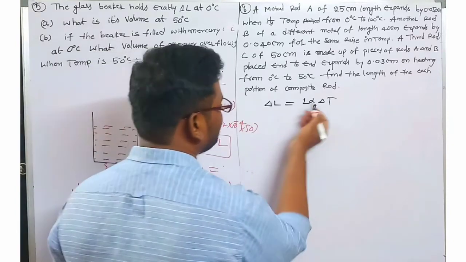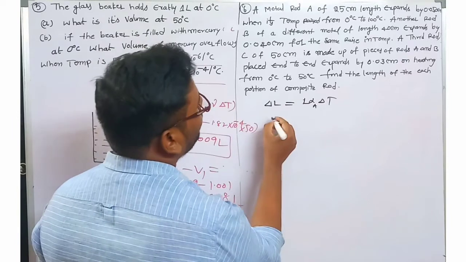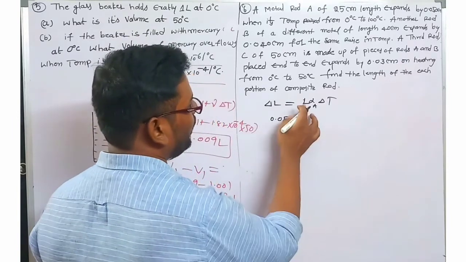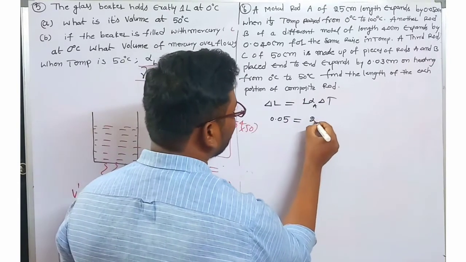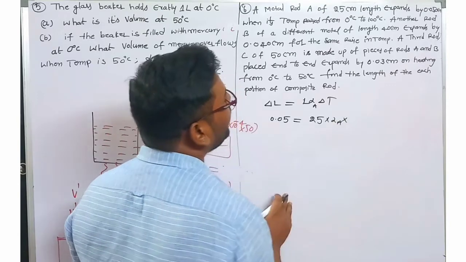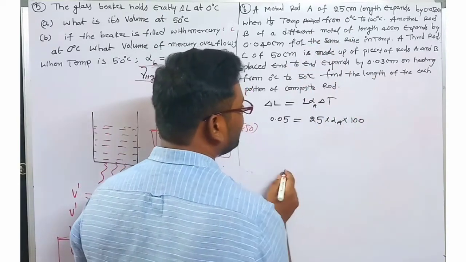So delta L is 0.05, equal to L, 25 centimeters, into alpha A into delta T, which is 100 minus 0, that is 100.